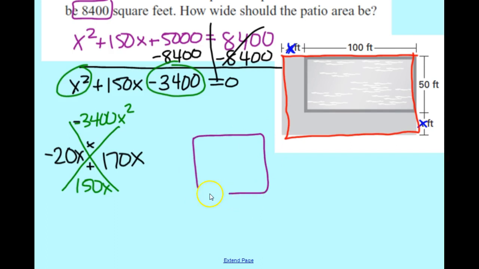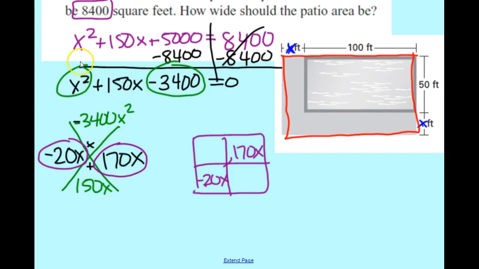So in my box here, my two diagonals are a negative 20x and 170x. My first term goes in the first box, and negative 3,400 at the end. So x times x is x squared, x times 170 there, x times negative 20 there, and we already know those multiplied because we just checked it in our calculator.